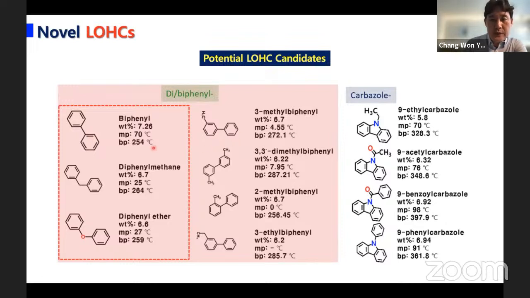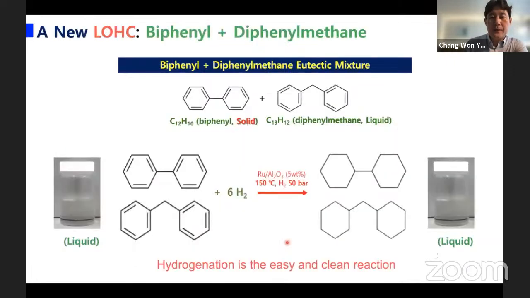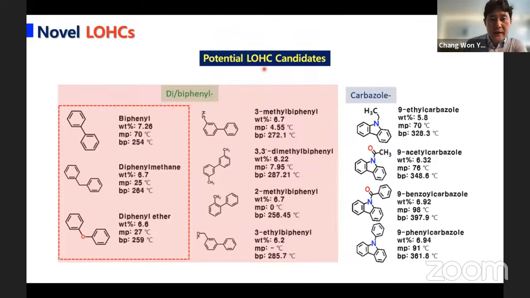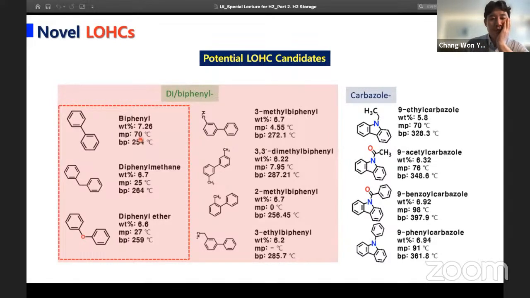One of the reasons is that if you see the gravimetric hydrogen storage density, these biphenyl types of species have much higher gravimetric hydrogen storage density compared with carbazole or other species. But the problem is the biphenyl itself is a solid, right? It is not liquid. The melting point of this biphenyl is 70 degrees Celsius, which means it's solid at room temperature.